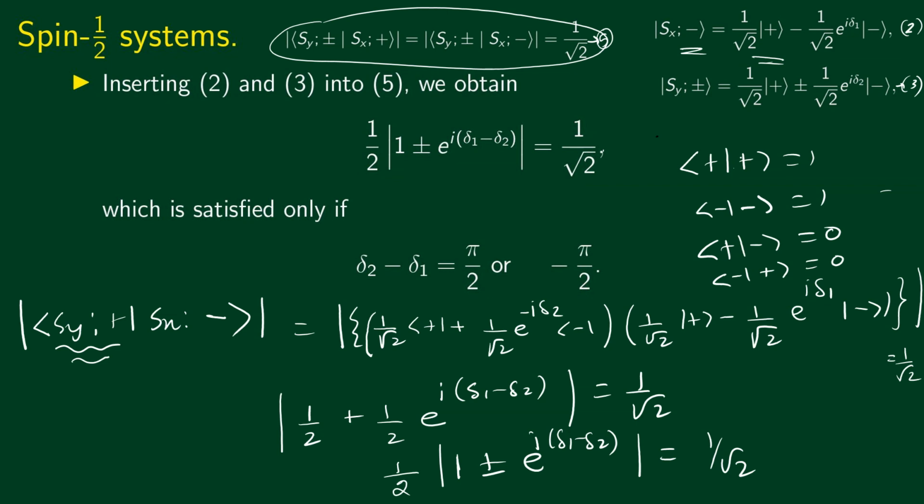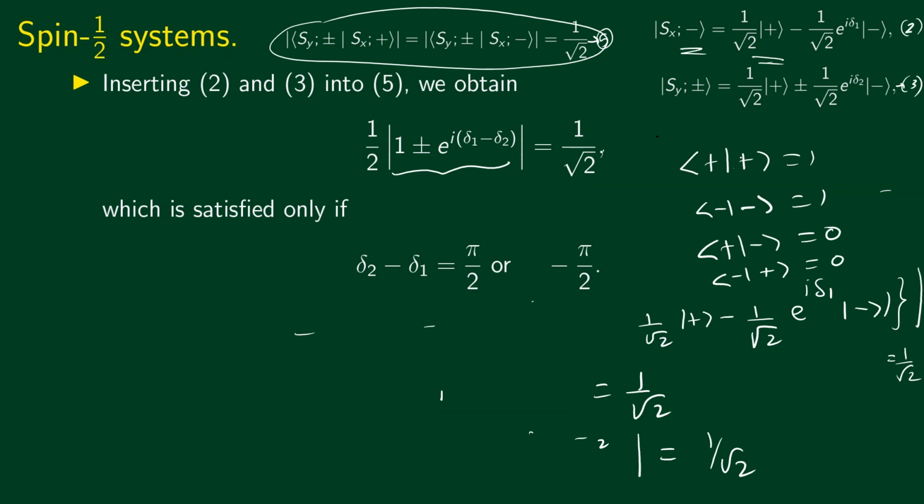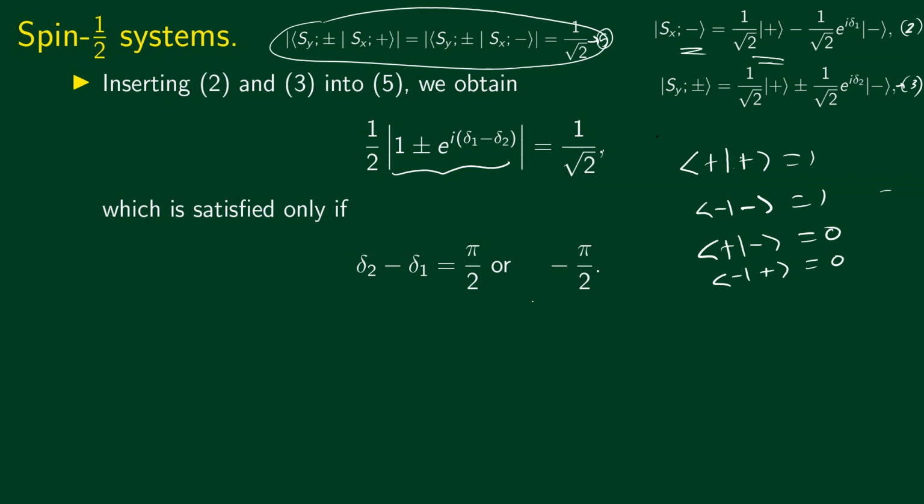Now, 1 by 2 multiplied by the modulus of a number is 1 by square root of 2. This means that the modulus of this number has to be equal to square root of 2. So the modulus of 1 plus or minus e raised to i(delta 1 minus delta 2), I can multiply by 2 on both sides, has to be equal to square root of 2.